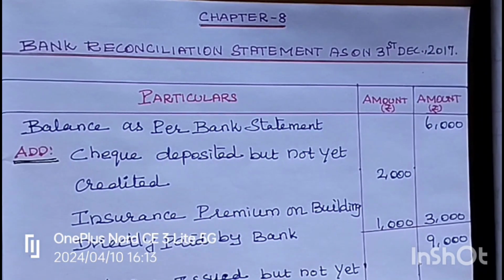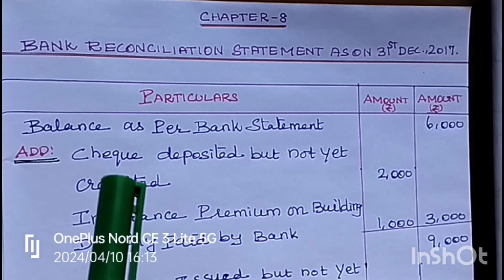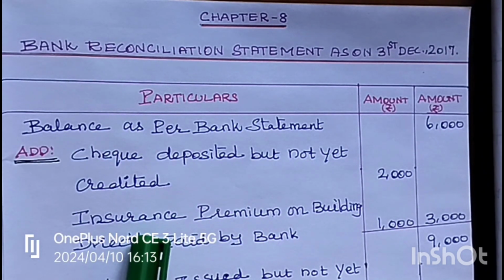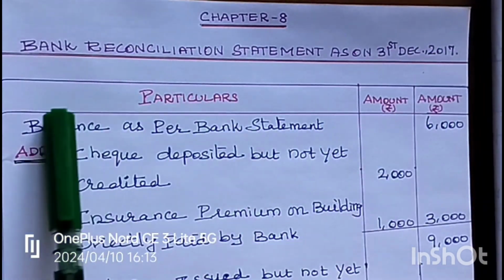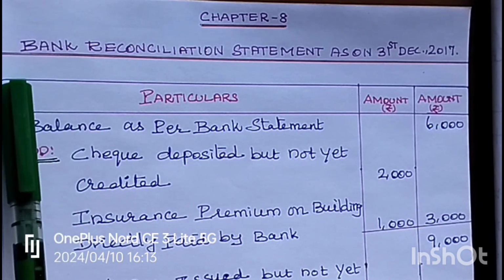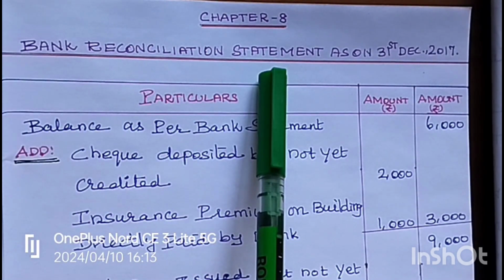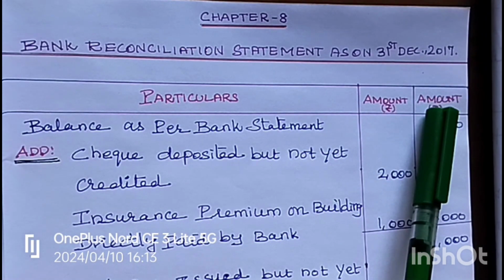Before we enter the given transactions into the bank reconciliation statement, we need to prepare the format of the bank reconciliation statement. So write the bank reconciliation statement as on 31st December 2017 as given in the question.